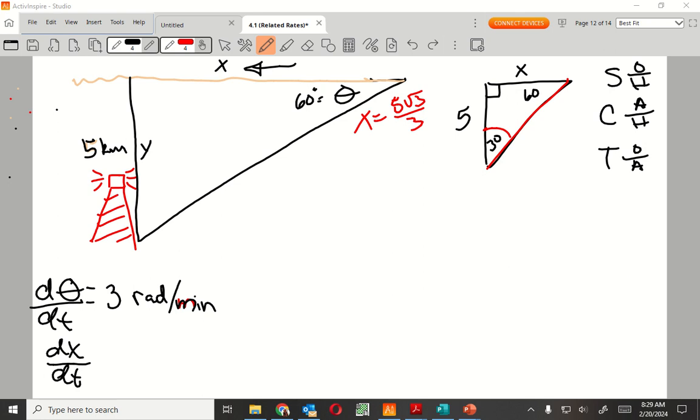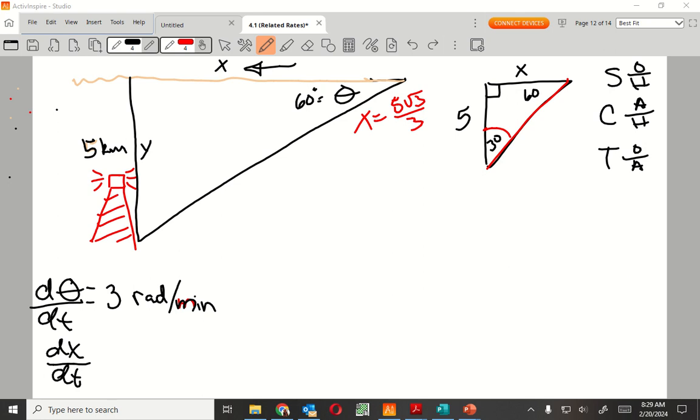So now I can go back and do the formula. Because I have a change in my theta, I need to have this as a trig formula. I have the x and the y, and my distance on this one is not going to be part of my whole triangle, so I don't need that.